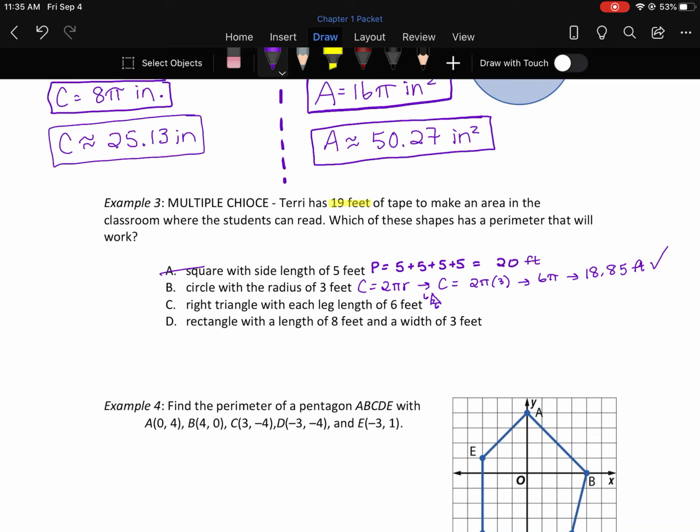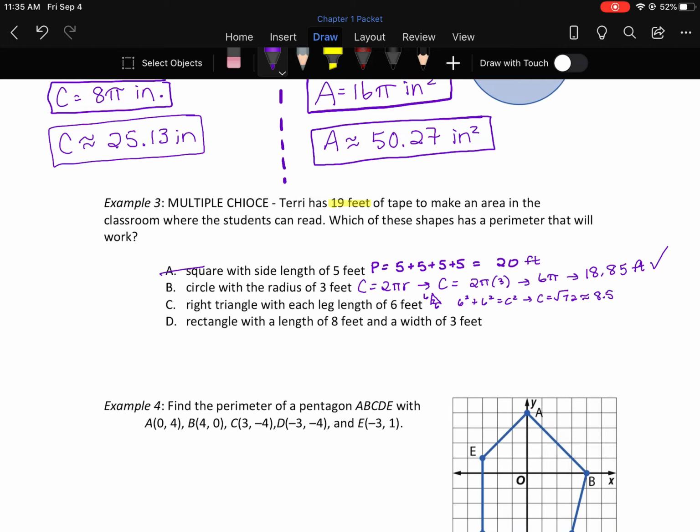To find the perimeter, we're going to have to use the Pythagorean theorem to find that third side. So I'm going to do 6 squared plus 6 squared equals c squared. So I get 36 plus 36, and we get c is equal to the square root of 72, which is approximately 8.5.